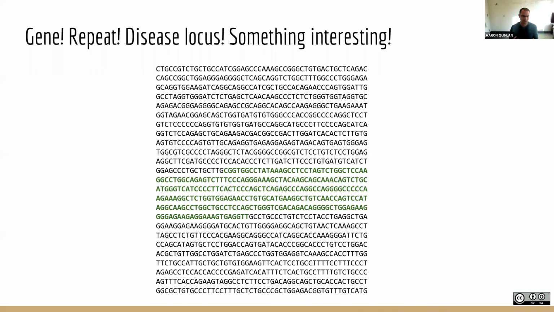So we really want to be able to go through and essentially color code or annotate, highlight different regions of the genome. And that is really the whole concept and field of genome annotation.